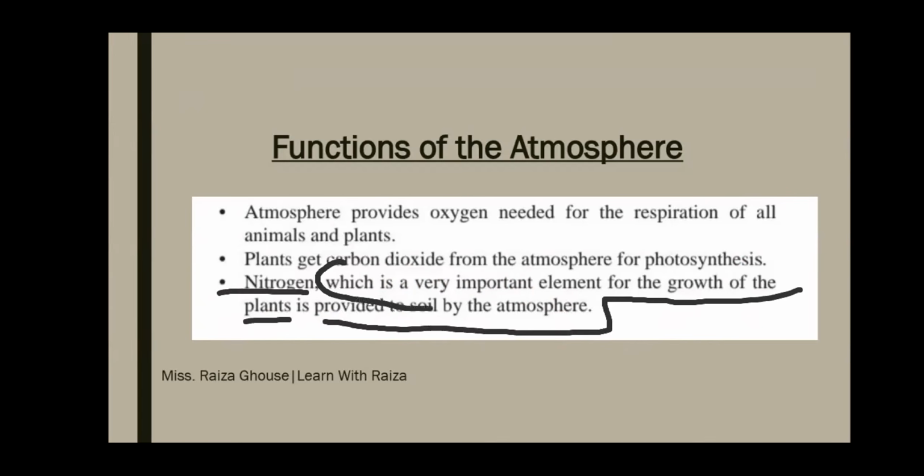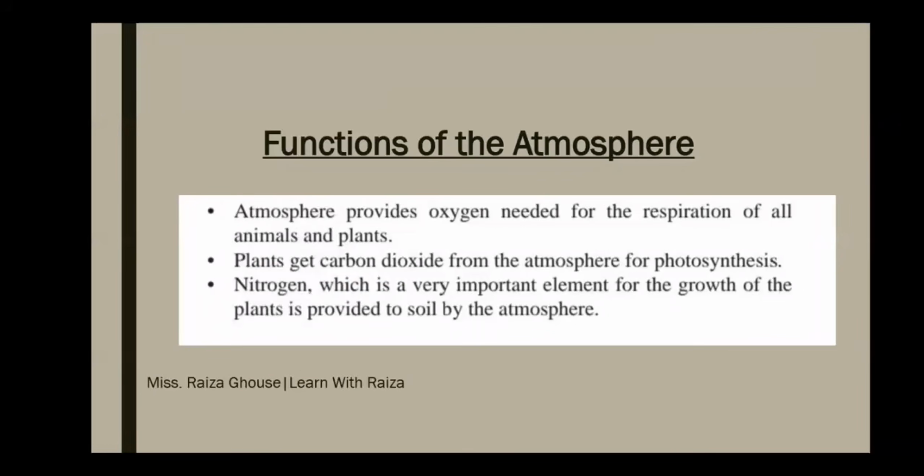So nitrogen is important for the growth of the plant, carbon dioxide is important for photosynthesis, and oxygen is important for respiration. So these are the three things you have to remember, right? These are the first three reasons.